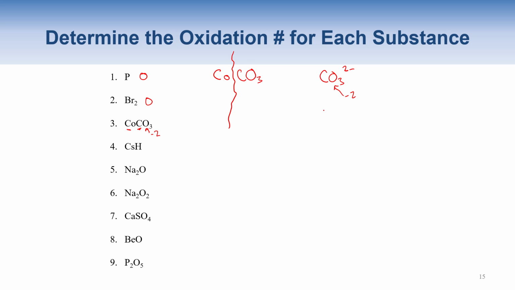So we have 1 carbon plus we have 3 of those -2 oxygens, and we set it equal to the charge of the polyatomic ion. So that's X minus 6 equals -2. We're going to add 6 to both sides. So X is equal to +4. So the carbon is +4.